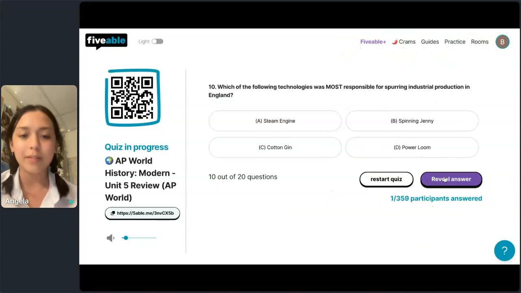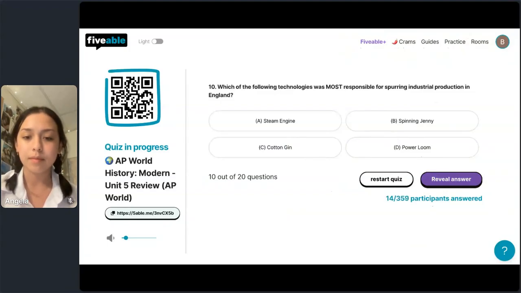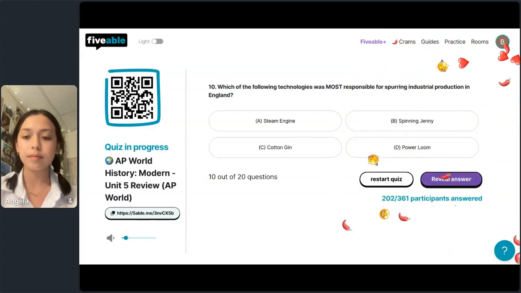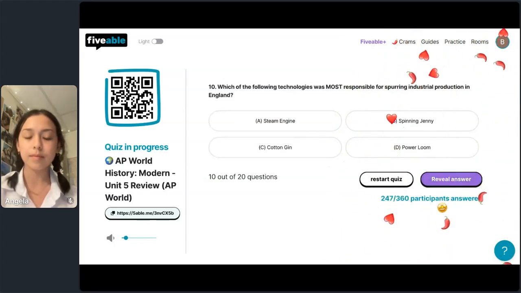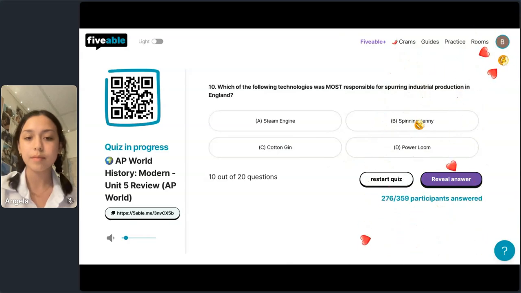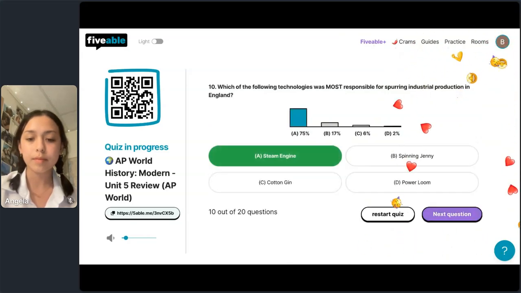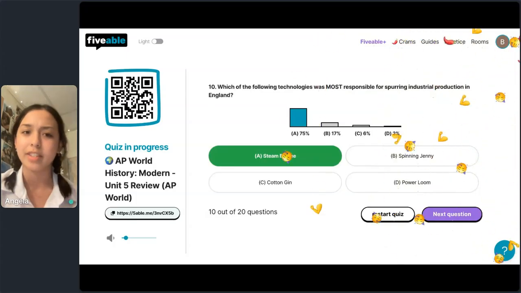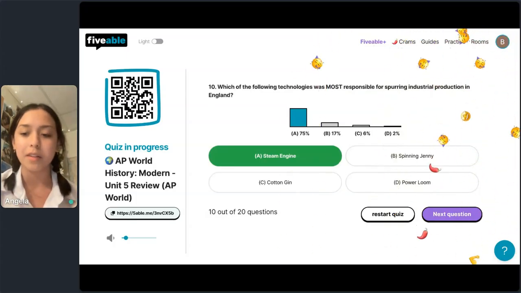Now, these are all really important inventions, but think of what would be the most impactful. Yes, exactly. The steam engine changed a lot, especially in factories and in terms of transportation, a lot of those types of ideas.